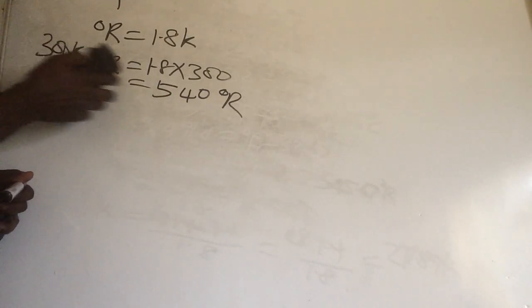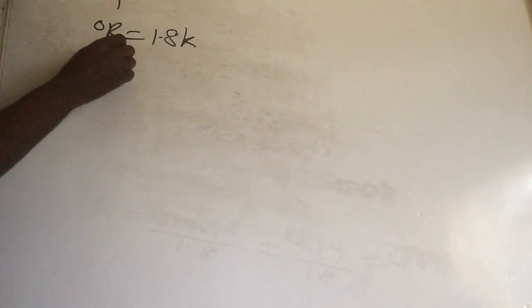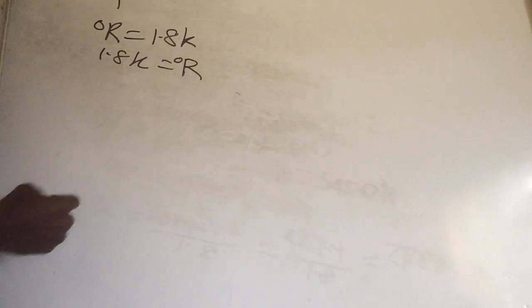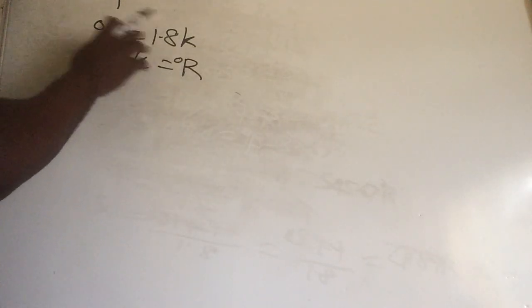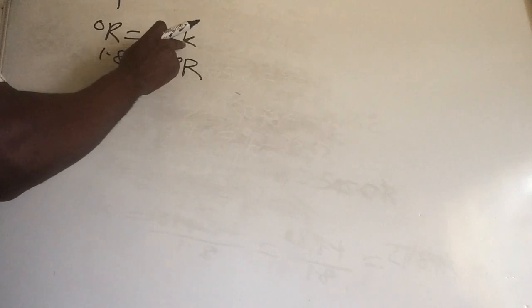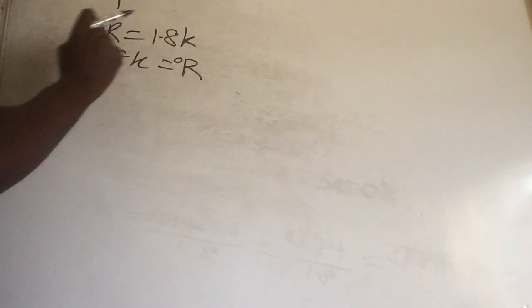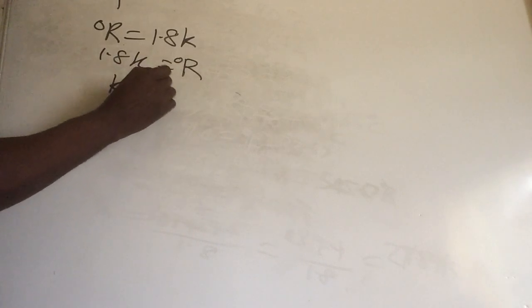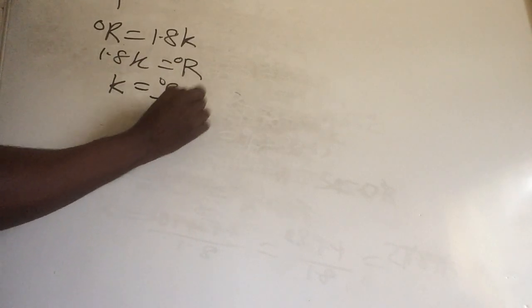Then let us convert Rankine to Kelvin. Still the same formula: 1.8 Kelvin equals degree Rankine. So making Kelvin the subject of the formula, we now have Kelvin equals degree Rankine over 1.8.